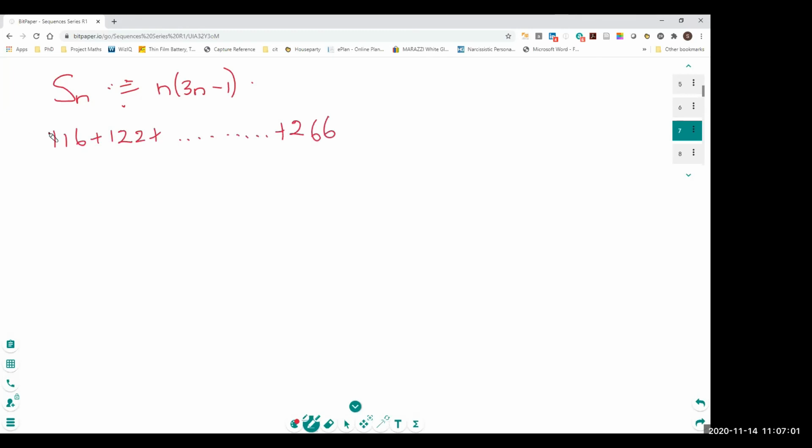And we know that is equal to 2 plus 8 plus dot dot dot all the way up to 266, minus 2 plus 8 plus dot dot dot plus 110. Okay, so you need to find out which terms correspond to 110 and 266.